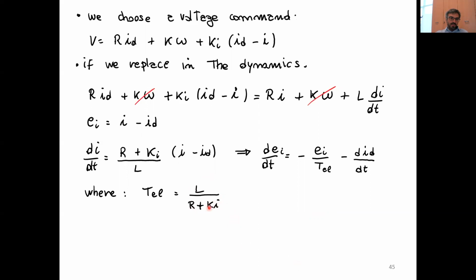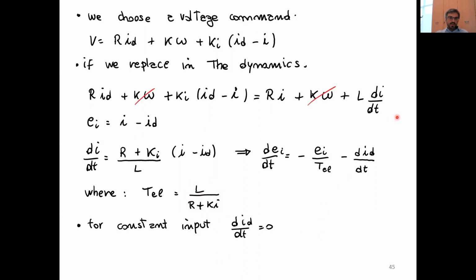So the proportional gain Ki is reducing our electrical time constant. It's kind of speeding up the electrical dynamics.